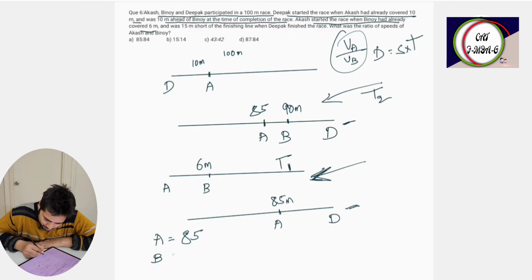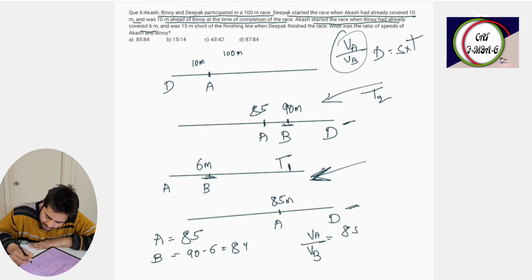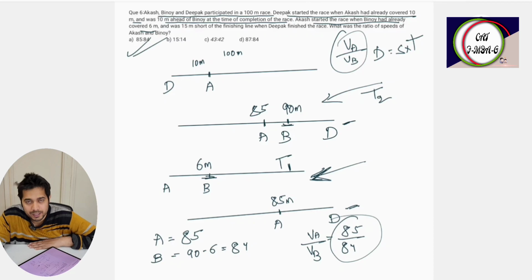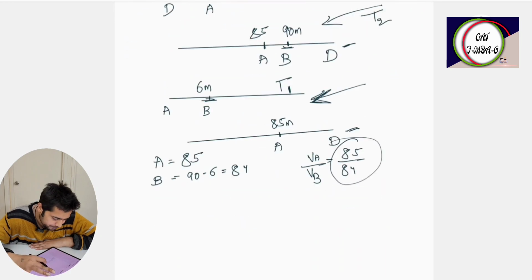Distance traveled by Binoy is from 6 to 90, so 90 minus 6 is equal to 84. So VA by VB is equal to 85 by 84. This should be the right answer, option number A. This is a bit different question. I agree with you. So let's see the next question.